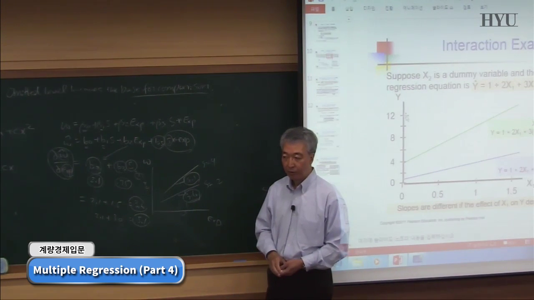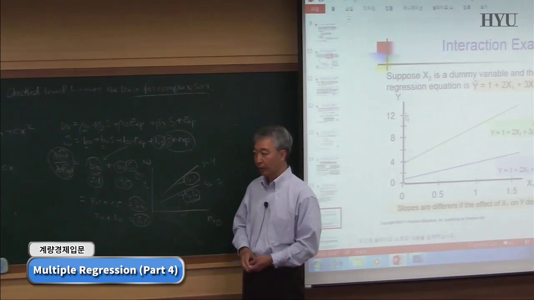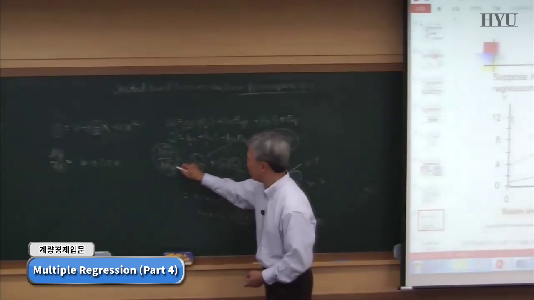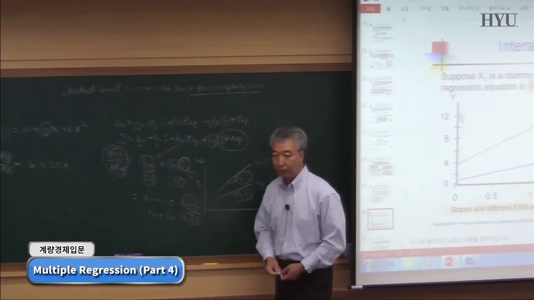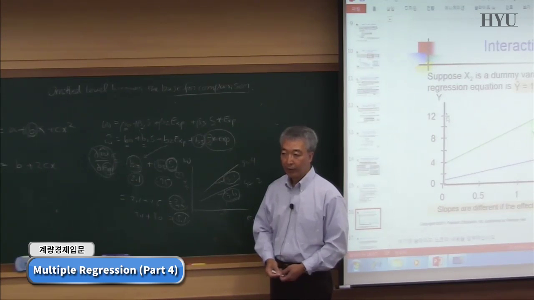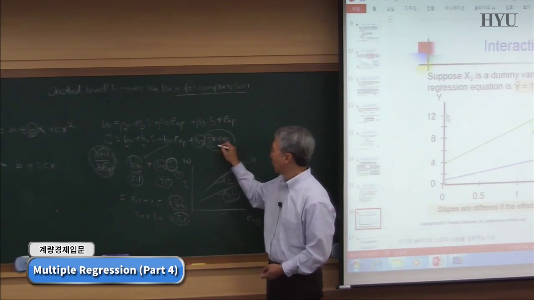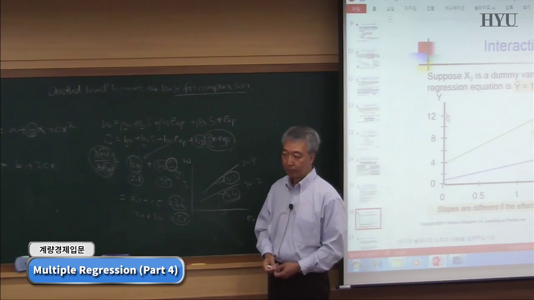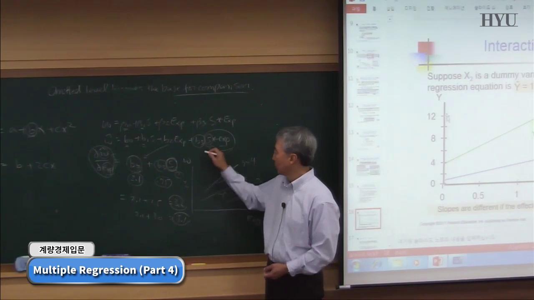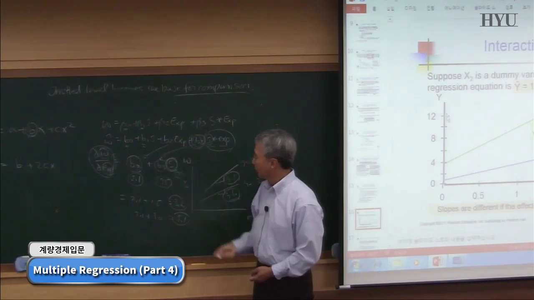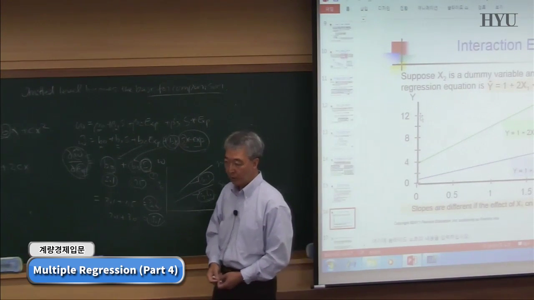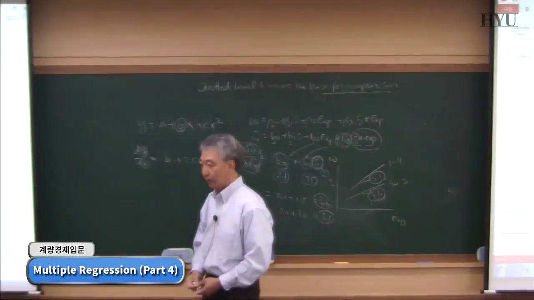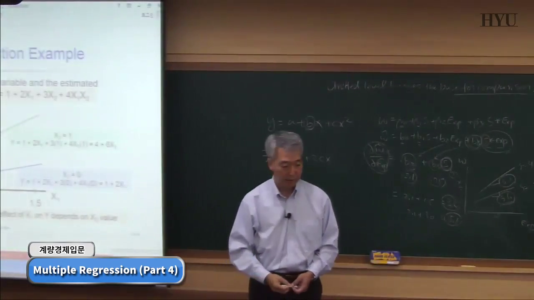So we're talking about the interaction effect. The effect of experience on wage is influenced by another variable, schooling, and that can be found out by including the interaction term. B3 gives that effect of interaction between schooling and experience. Make sense?